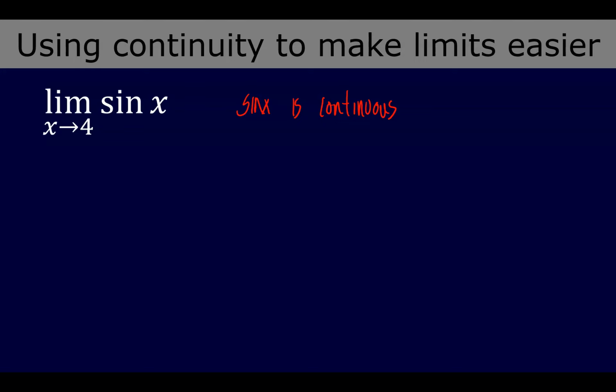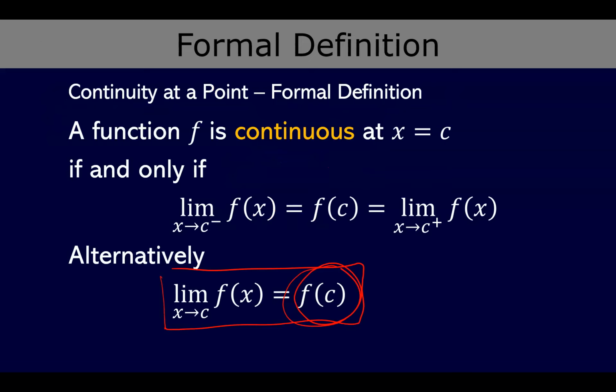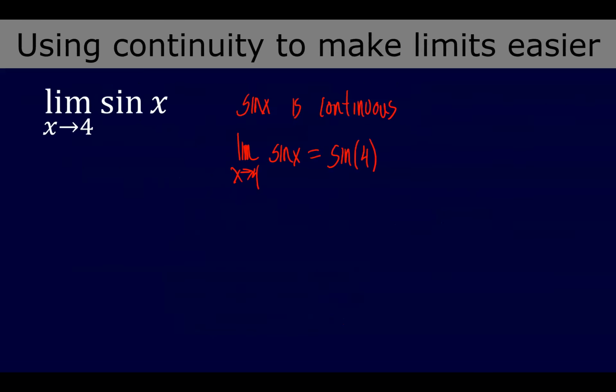You'd have to use a calculator or a computer to get those values to actually do a numeric limit. So if sine of x is continuous, what do we know? We know that the limit as x approaches 4 of sine of x is just going to be equal to sine with 4 substituted inside. We're relying on this formal definition: that limit's just going to be equal to the y value. We're starting off with knowing this function's continuous instead of trying to prove this function's continuous.